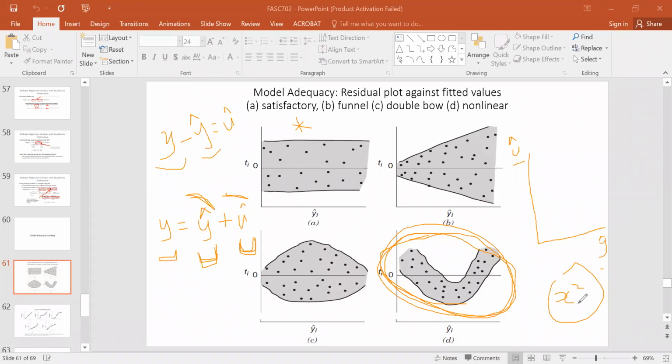If you had X alone, you may need to add X squared because your model adequacy doesn't show that your model is adequate. The U shape is saying that you may have a quadratic term that you are missing. So this is how we check some of the model adequacies.